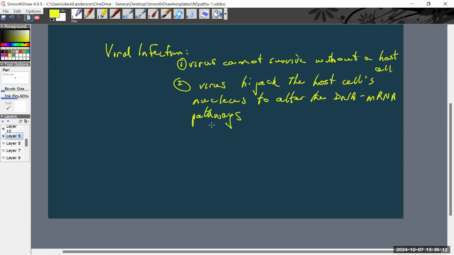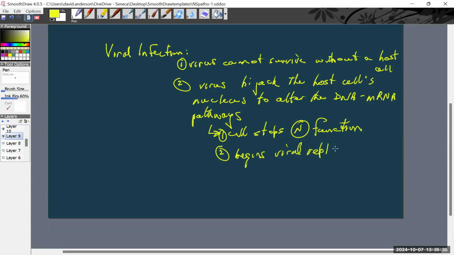And when that happens, the cell stops normal function. So we lose the function of that cell and it begins viral replication.